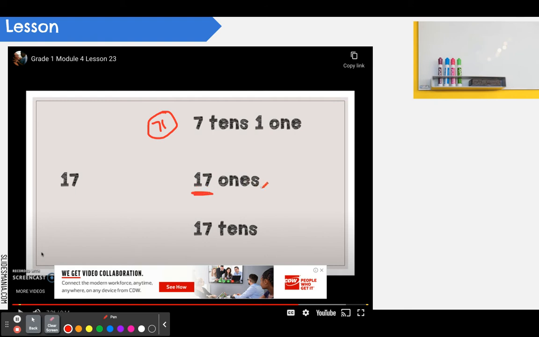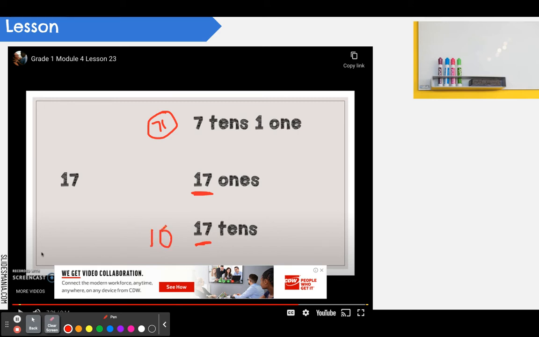This number would be 17 ones, which would be the same as the number 17. 17 tens would mean that I would have to count in tens up to 17 times. So let's say 10, 20, 30, 40, 50, 60, 70, 80, 90, 100, 110, 120, 130, 140, 150, 160, 170.